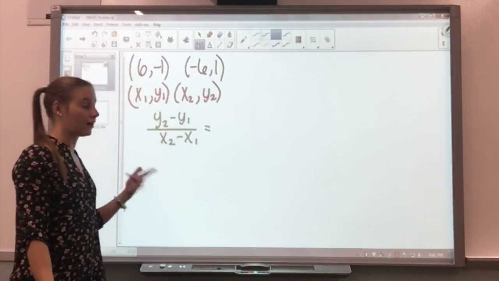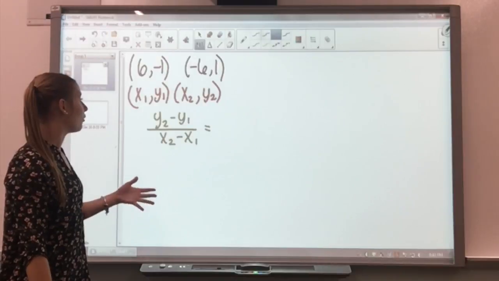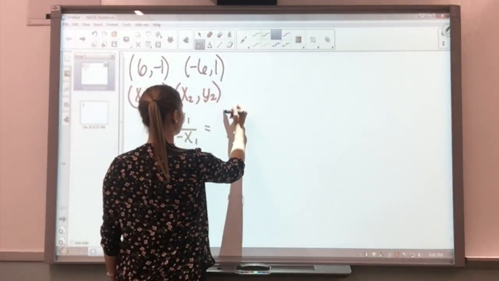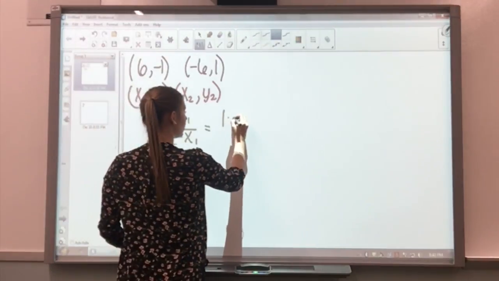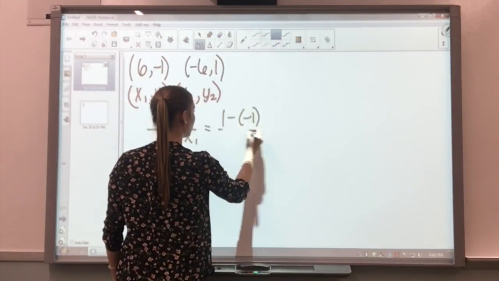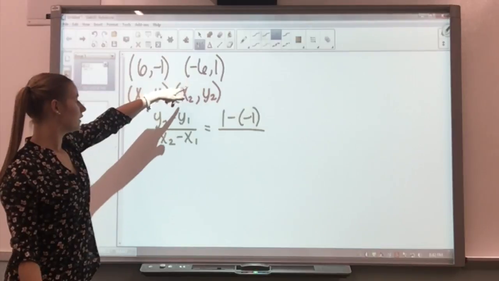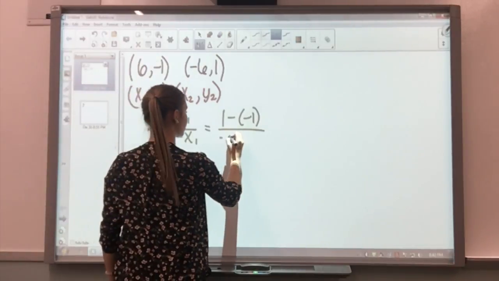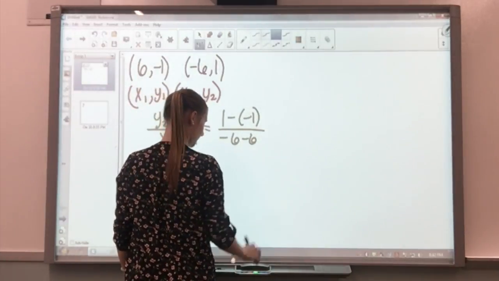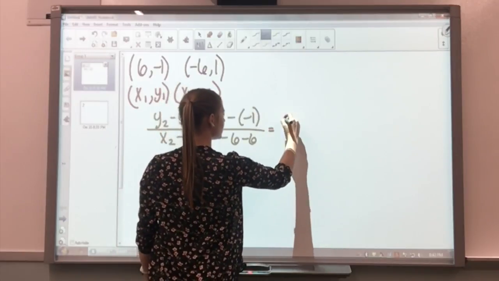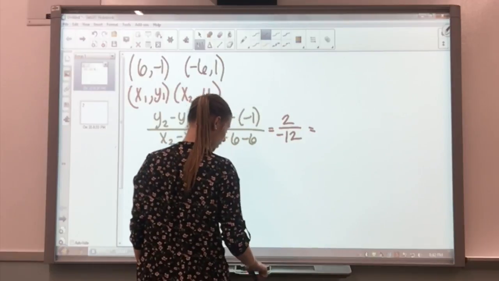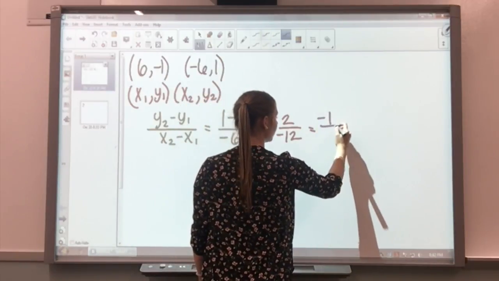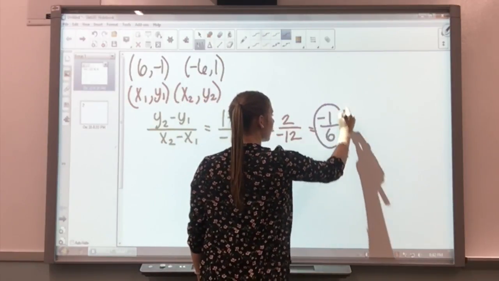Now we plug in our coordinate points. We'll have y2, which is 1, minus -1, over x2 minus x1, so -6 minus 6, which equals 2 over -12, which simplifies down to -1/6. So this is going to be our slope.